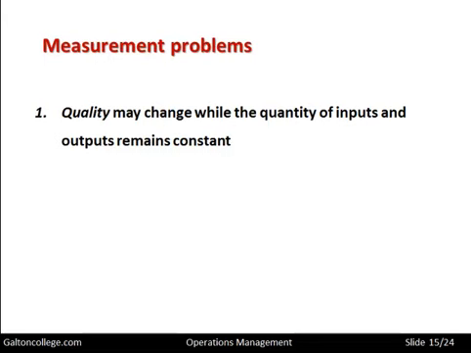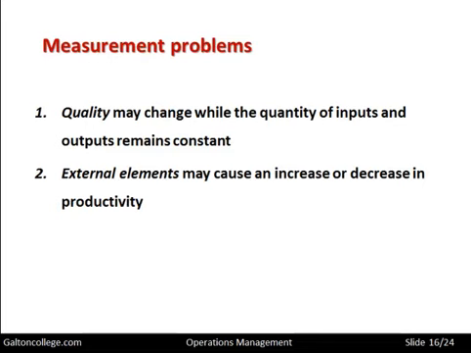Do I think the product is good quality versus what you think about the product? You may think the product is useless. I think it's fantastic. So we have different perceptions of quality. So we have a measurement problem. The fact that productivity changes, what is the effect on quality?